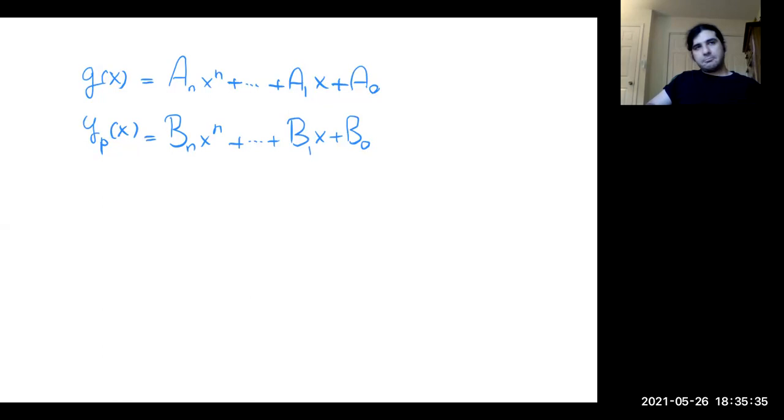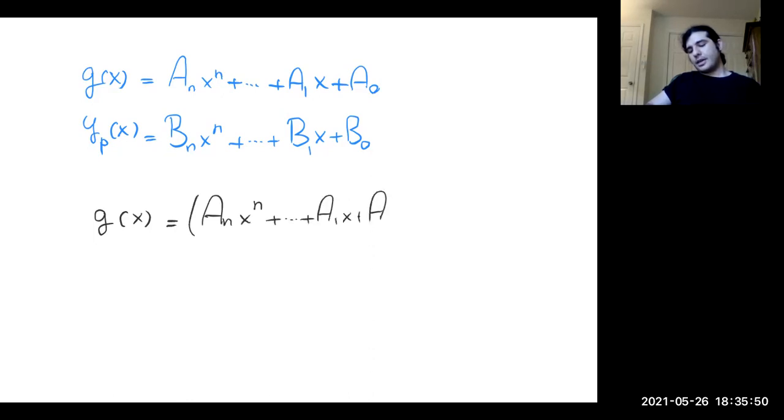We can also have a combination of these things. For example, g of x might be a multiplication of a polynomial, something of this form, and an exponential function. Again, the particular solution for that is something similar.